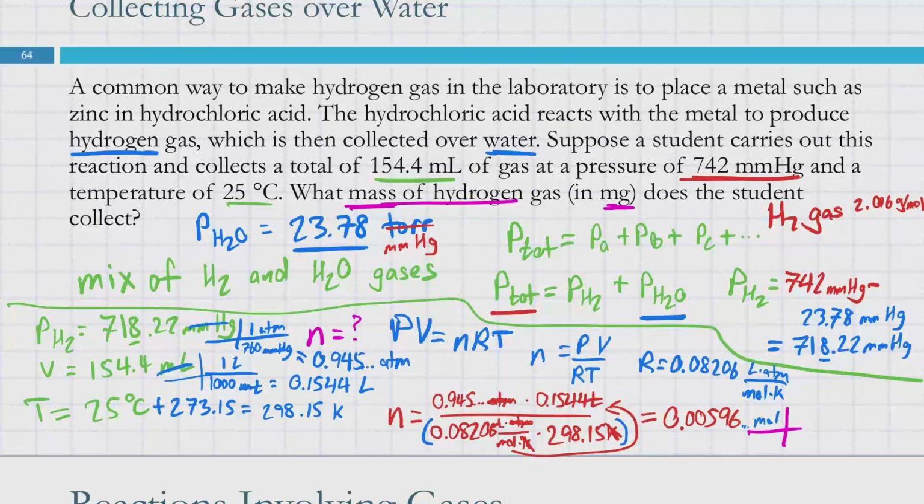So when we are getting to the grams for our almost final step, we're multiplying by basically 2. So it's 0.012 and some change grams H2. Are we done?